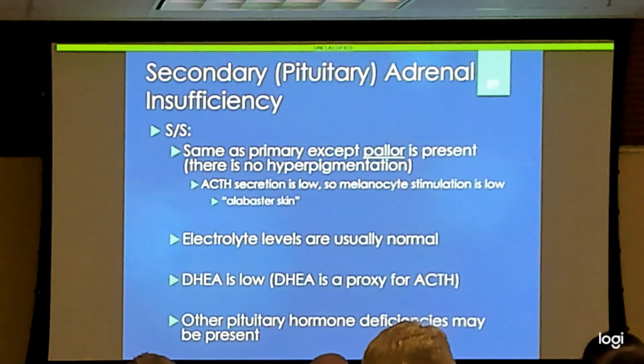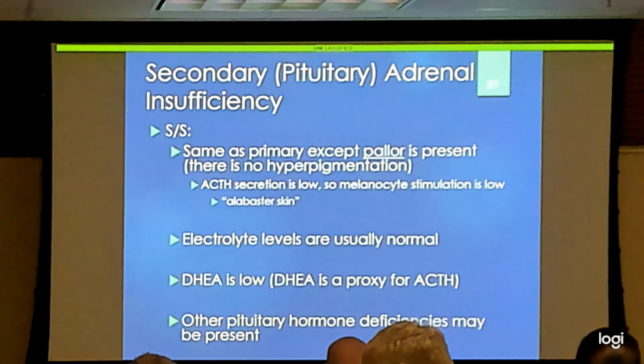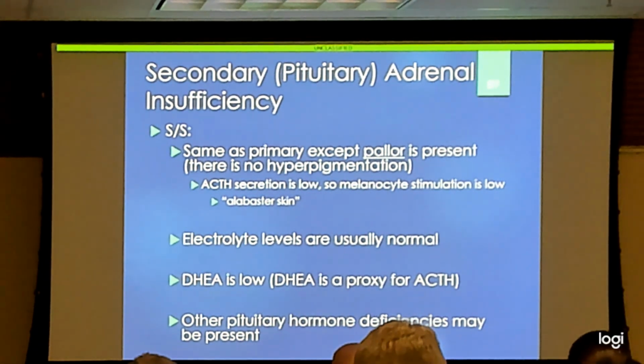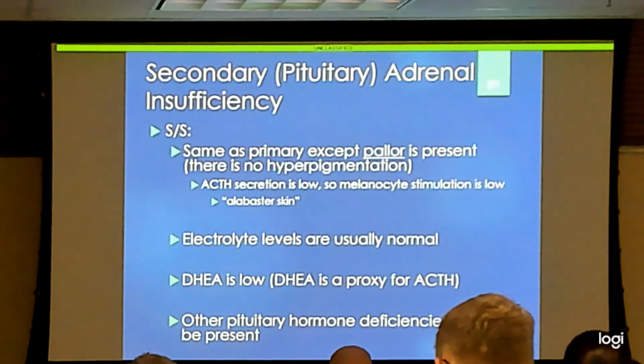In this case, it's low. So melanocyte stimulation is also low, and they often refer to this as alabaster skin, meaning a patient that's whiter than I am. Normally I'm more white than this, I'm somewhat mildly tan. But crazy, crazy white. Makes sense?